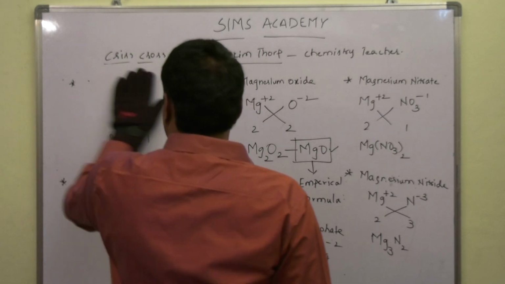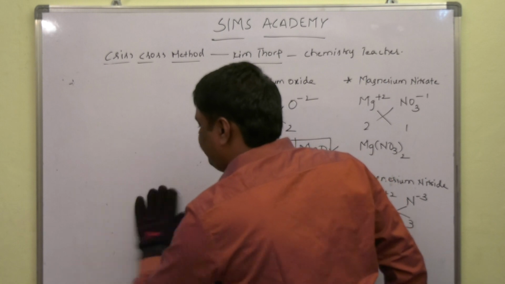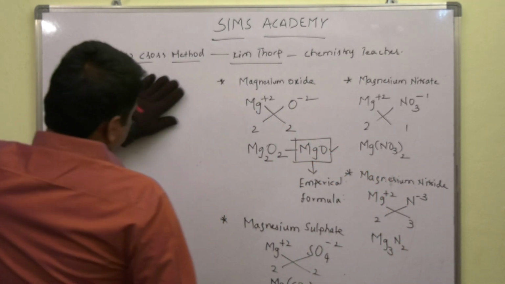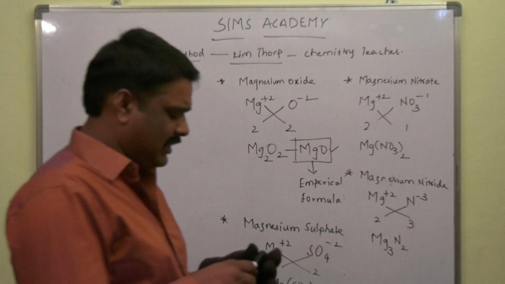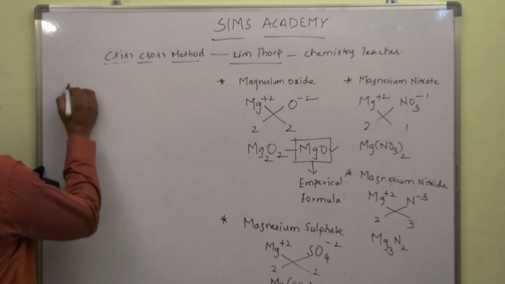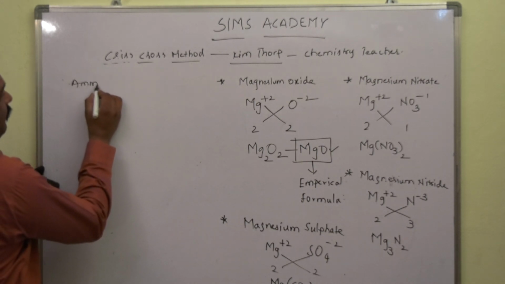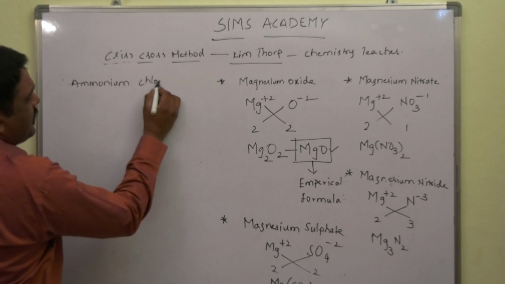And next, I'll show you, even some of my students have faced problems in writing the formula based on one cation, that is ammonium. Let us see. We have ammonium chloride.